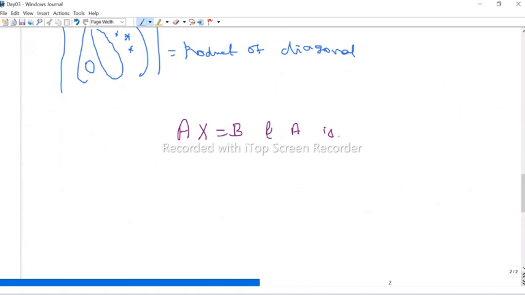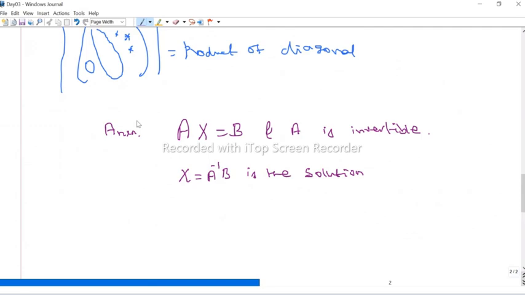That solution is x equal to, multiplying A inverse both sides, A inverse B. So x equal to A inverse B is the solution. Here we assume that A is an n by n square matrix. So if A is invertible, then the system Ax equal to B has a unique solution. If A is not invertible, the system may have infinitely many solutions or no solution.